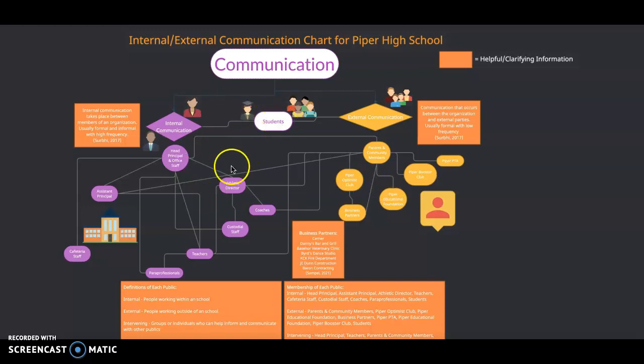That said, the teachers also are kind of interwoven, and they go all throughout. Same case here. Anybody who is connected to parents and community members, they also might have relation and communication pathways with the other groups as well.